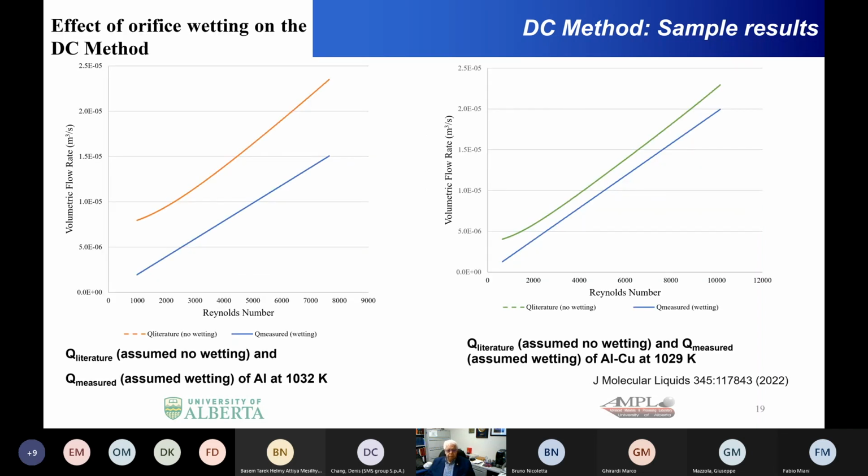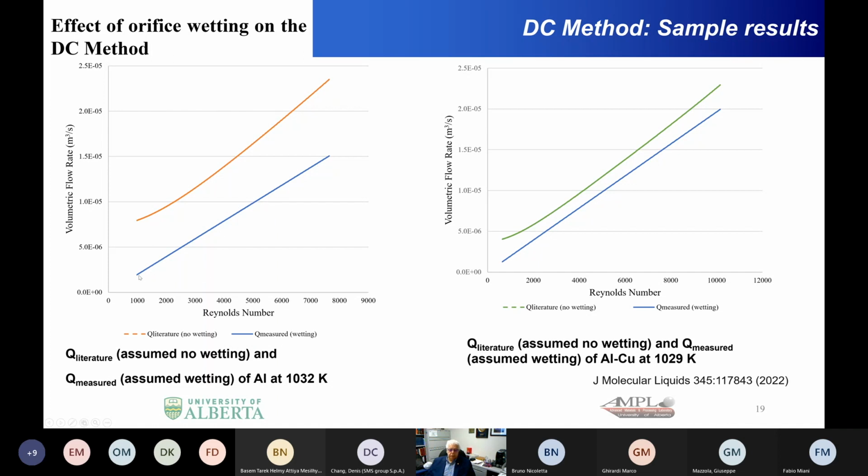However, I mentioned before that one has to be careful about wetting. So this is more recent work done by Pat Flood, who just finished his master's thesis about a year ago. Here we're looking at results of aluminum, the volumetric flow rate of aluminum as a function of Reynolds number. Now, these are experimental results, the blue line shown here.